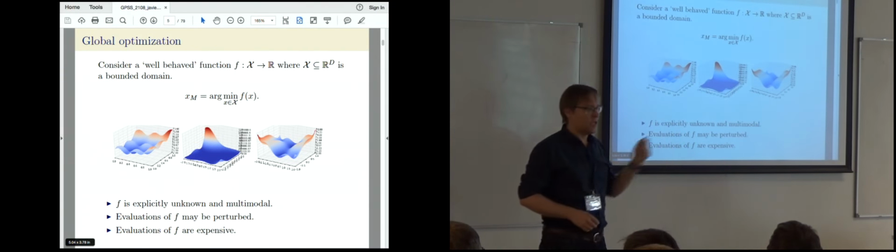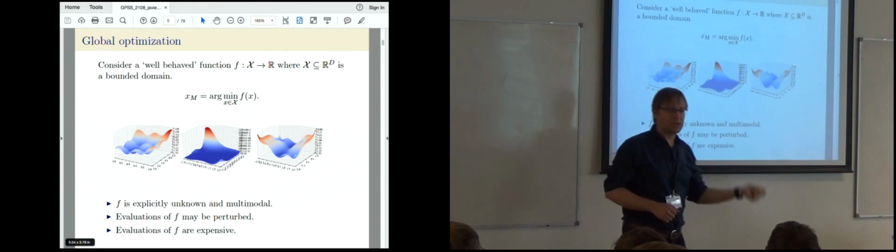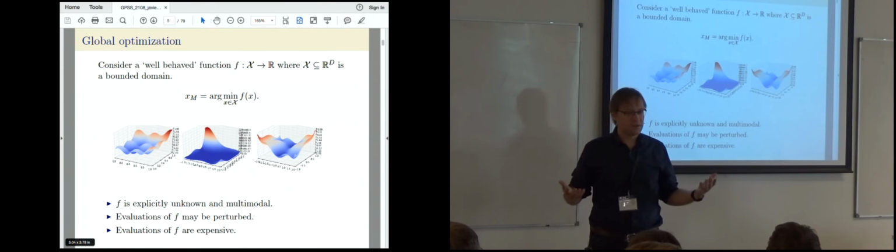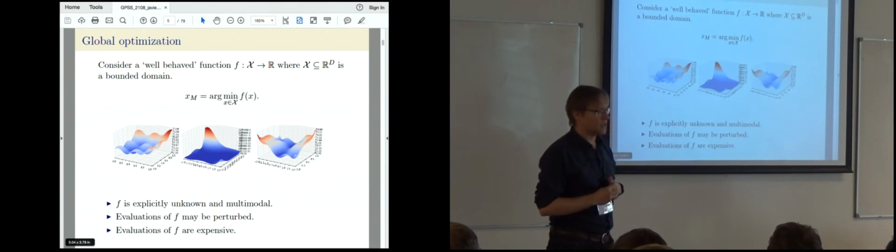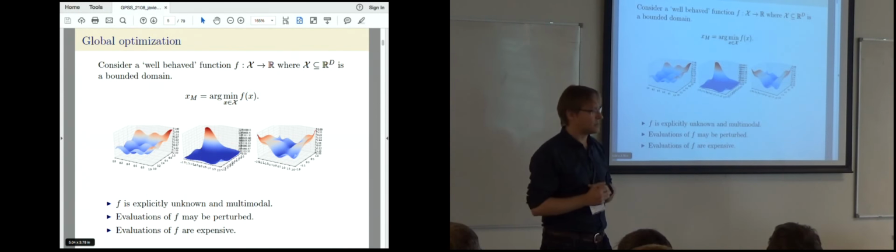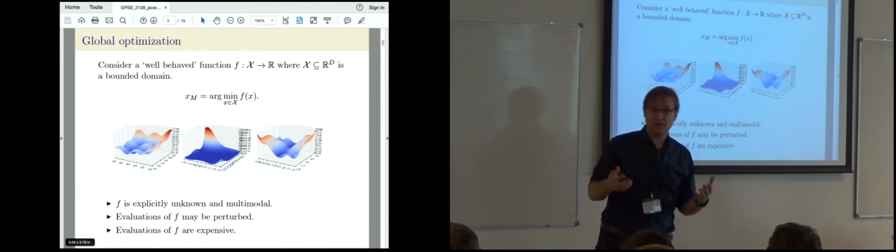and we find what the optimum of the function is. But the problem is that in machine learning, in most cases, we cannot explicitly write the shape of the function that we want to optimize, right? So imagine that now you have a neural network, and you want to optimize the mean square error of the neural network in a test set.